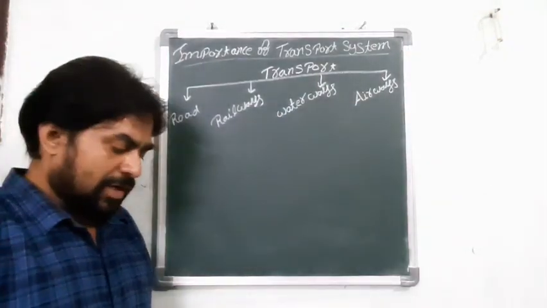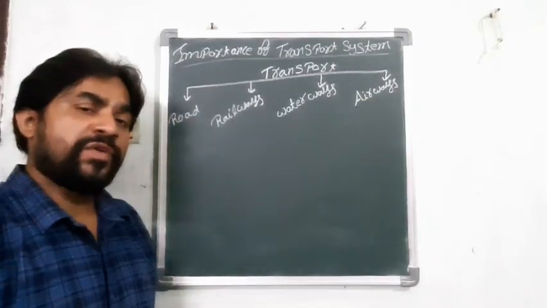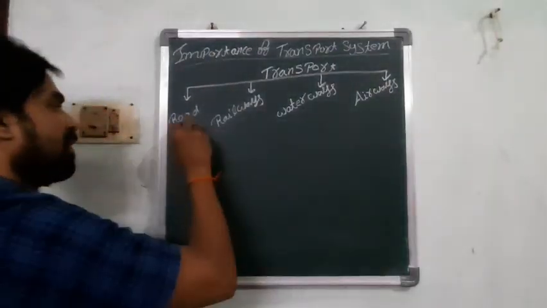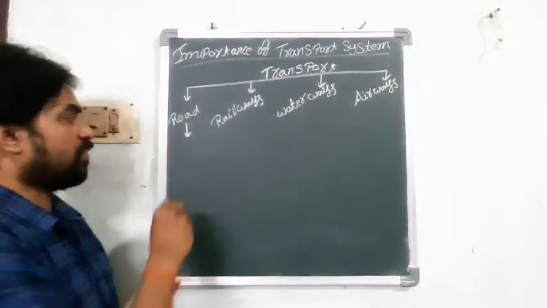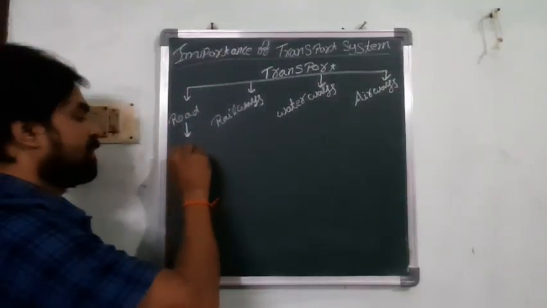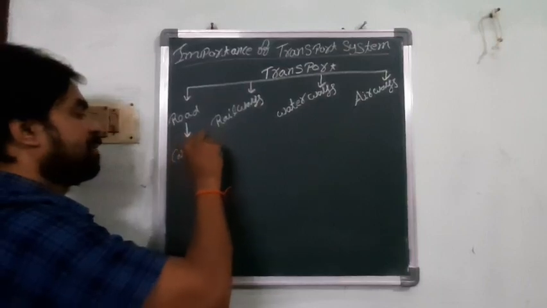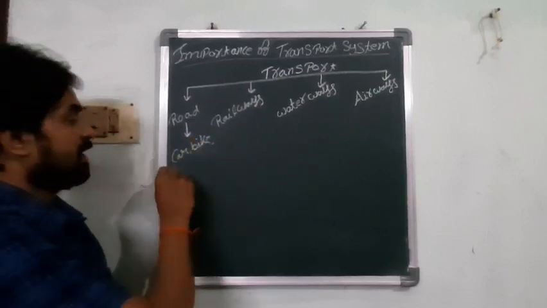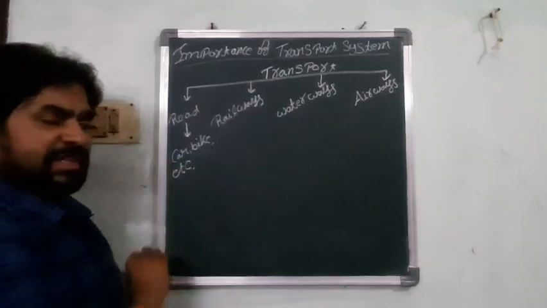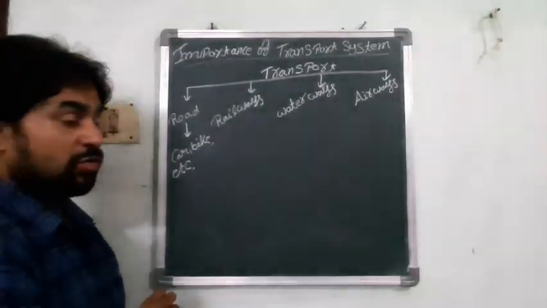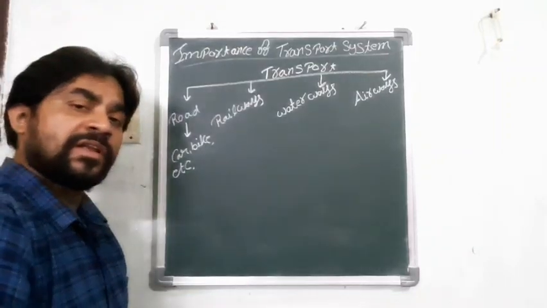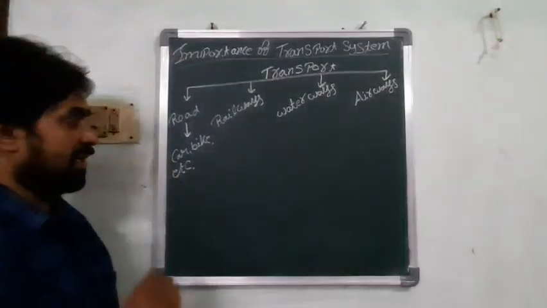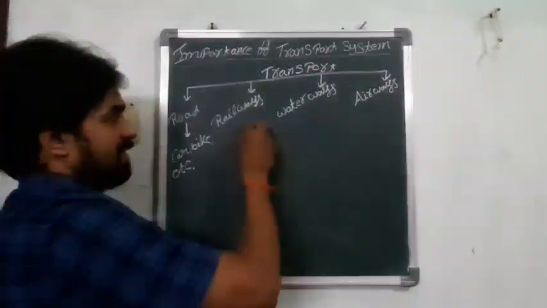Next, the second column is given as vehicles used. We know the vehicles used for roadways: car, bike, bus, lorry, tractor, everything comes under roadways.